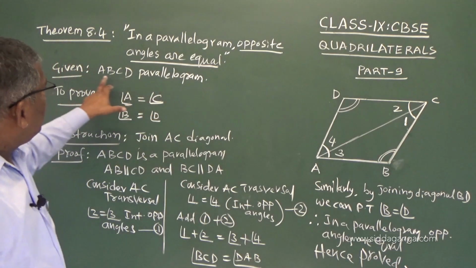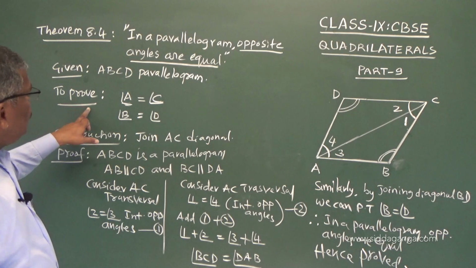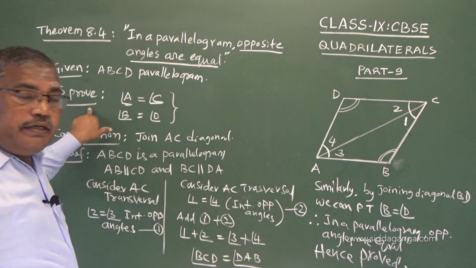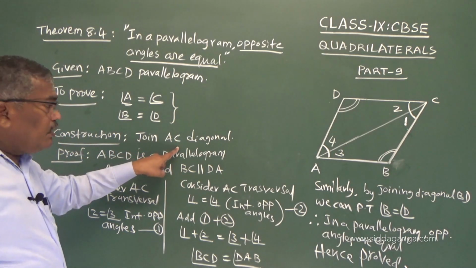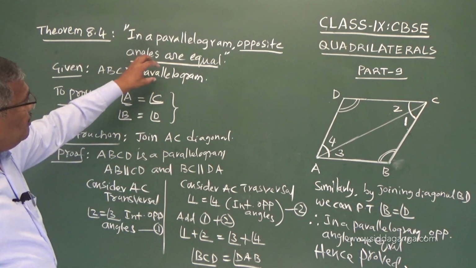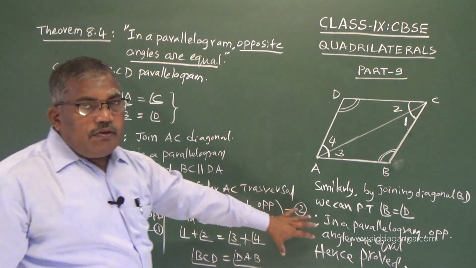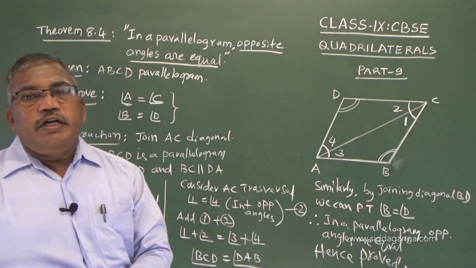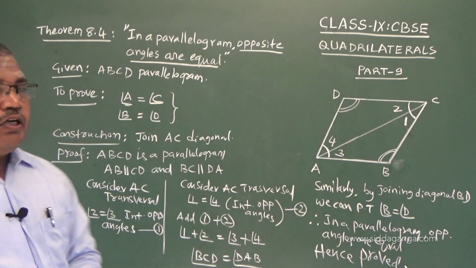Based on that, you have to record the given data and what is to be found out very clearly. Then, if any construction is required, record the construction, and then, based on whatever data is available, you prove the required thing. If you systematically go like this, you will not get any confusion. So this is about theorem 8.4.